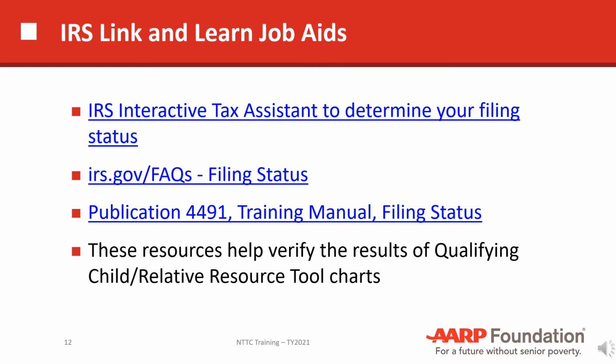Also, there are frequently asked questions on irs.gov related to filing status, and you can also use the Publication 4491 training manual and look up filing status in there. So you have various ways of confirming what you've determined by using the resource tool if you feel more comfortable using two sources rather than just one.